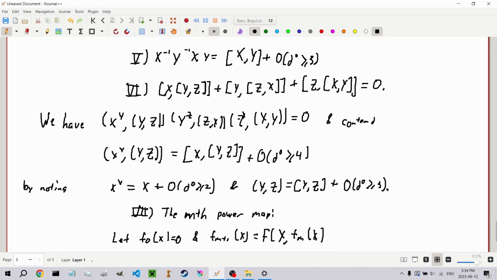So this is kind of mimicking our derived series. And this works for both positive and negative values of m, noting that f to the inverse of m is the inverse of f to the m.